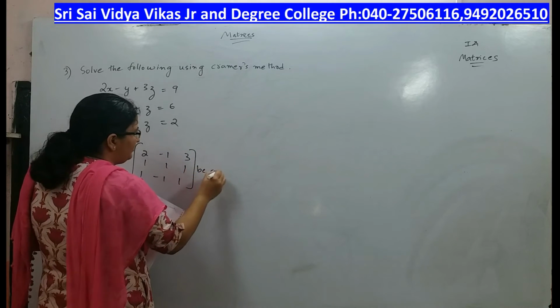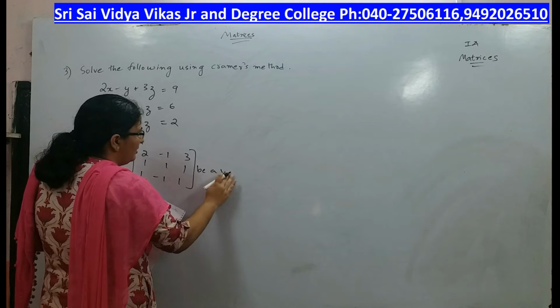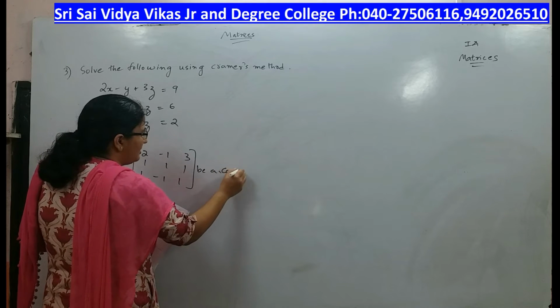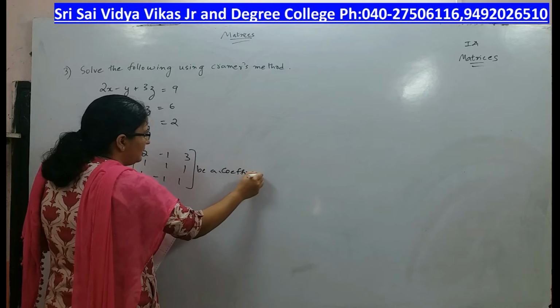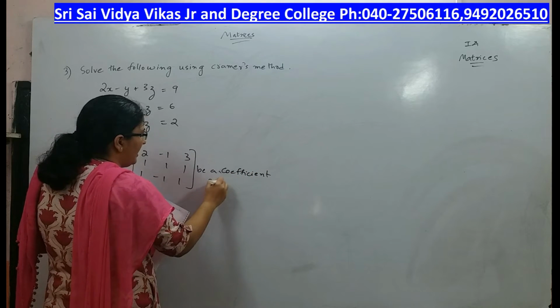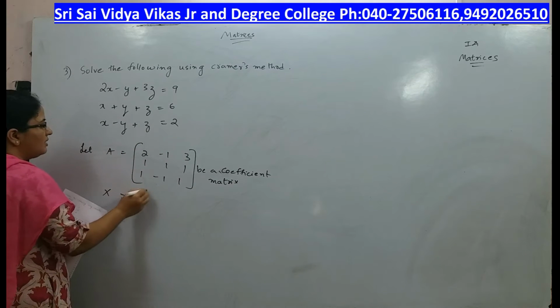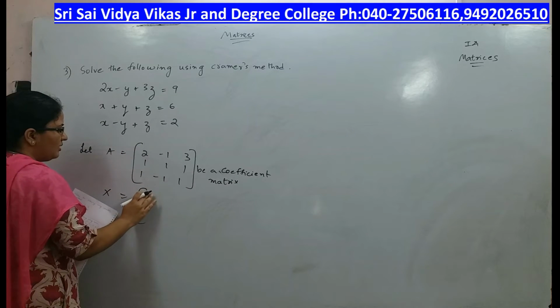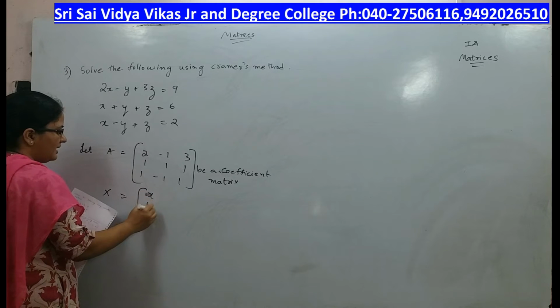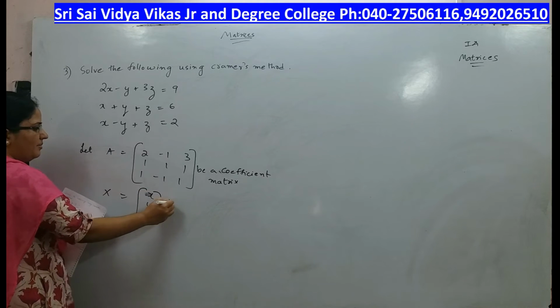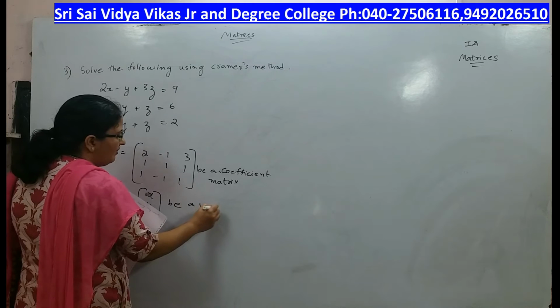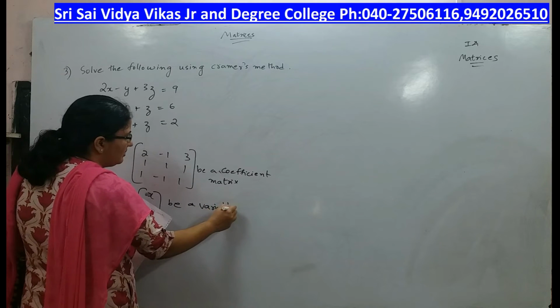be a coefficient matrix. X is equal to x y z, be a variable matrix.